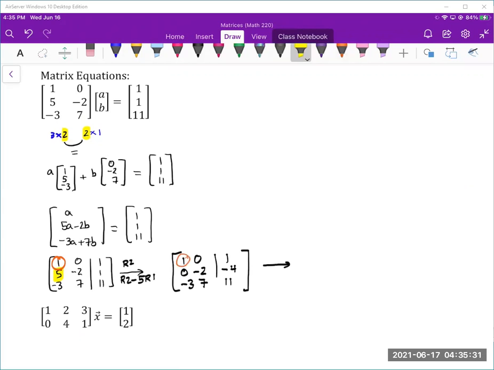All right, next up, we want to get rid of this negative 3 that lives below that first leading entry. So we'll accomplish this by replacing row 3 with row 3 plus 3 times row 1. So this gives us 1, 0, 1, 0, negative 2, negative 4, 0, 7, 14.